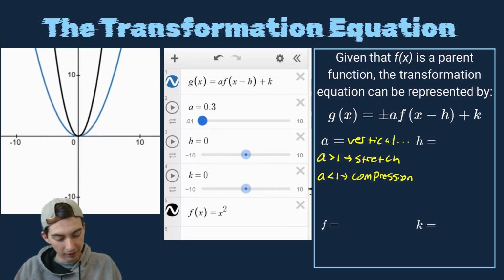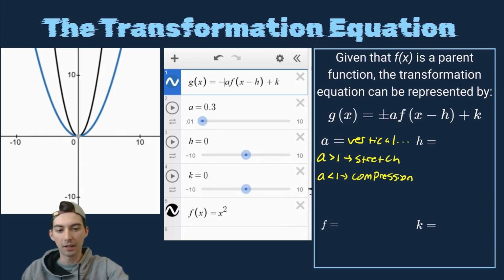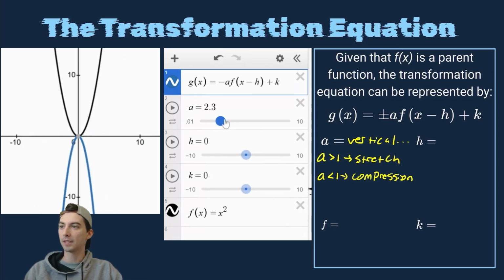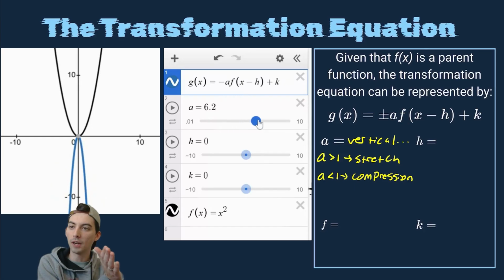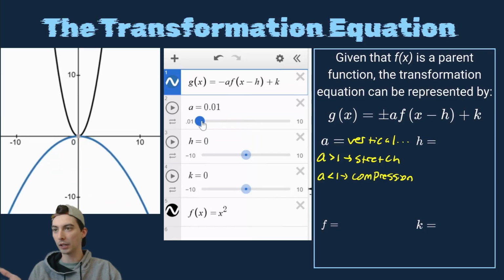The other thing I have in this equation is this plus or minus symbol. And so right now, all of our a's have been positive. But if we made this a negative, what happens is we reflect over the x-axis, and now that graph is opening down. But I see if my a is still bigger than 1, I'm still getting skinnier. And if a is less than 1, I'm still getting wider.